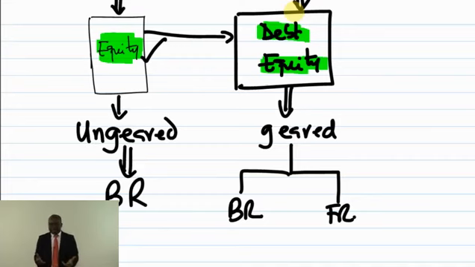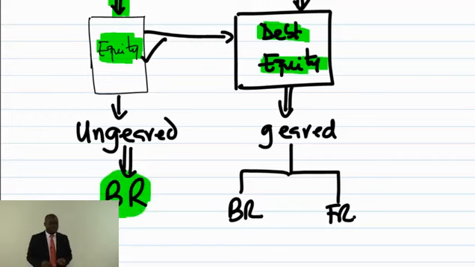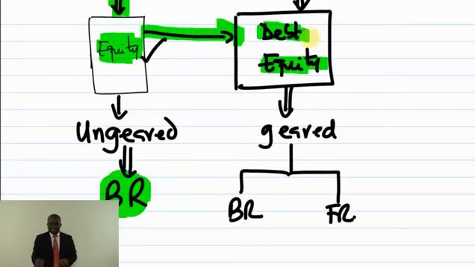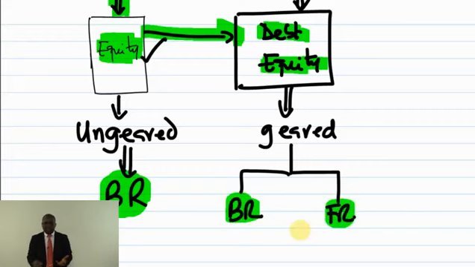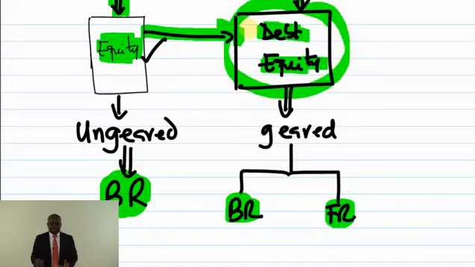How will I calculate that? You need to remember, when I was all equity, I faced only business risk. So my cost of capital should reflect only business risk. If I move from all equity to being geared, I won't face only business risk, I will also face financial risk. The examiner can also tell you, this company has debt and equity, and now they are raising equity capital to pay off the debt.